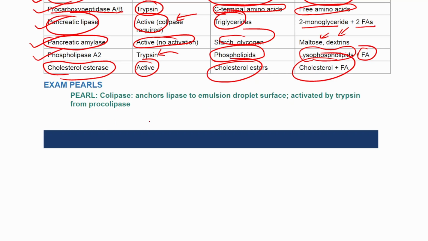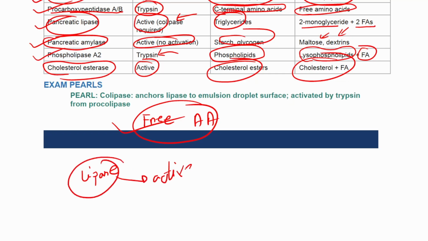So what I was saying is that to get completely free amino acids, you would need an exopeptidase, such as carboxypeptidase. Beyond proteins, a classic trap focuses on whether pancreatic lipase is secreted active.